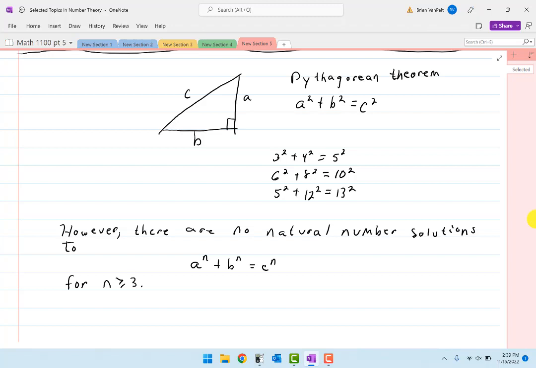So we know it works for 2. When n is 2, that's the Pythagorean theorem. This is Fermat's last theorem.